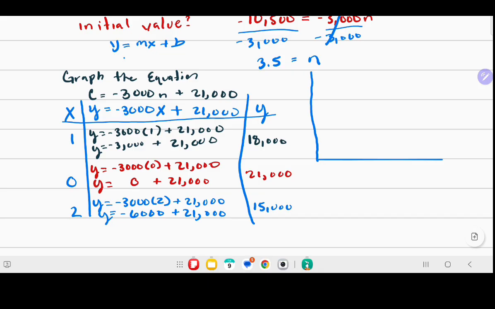Let's do it. For x, we'll say that's 0. The point where they meet, that's 0. That's our origin. 1, 2, and we'll do one more, 3. And for our y, we'll count by 5s.